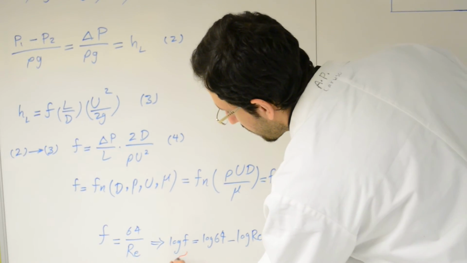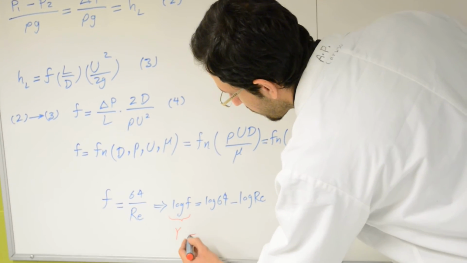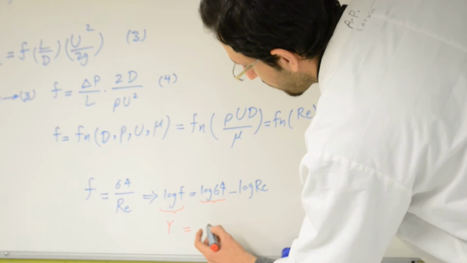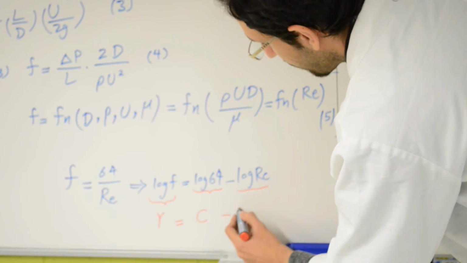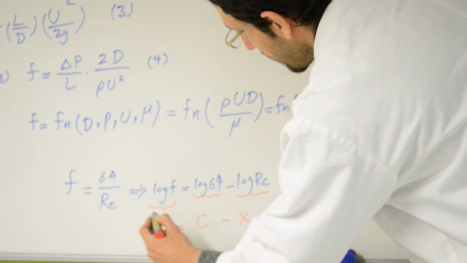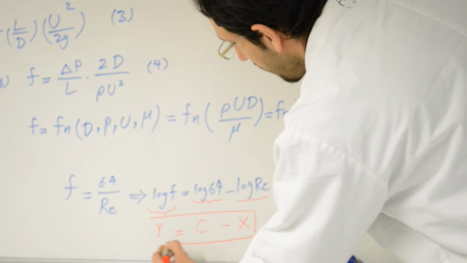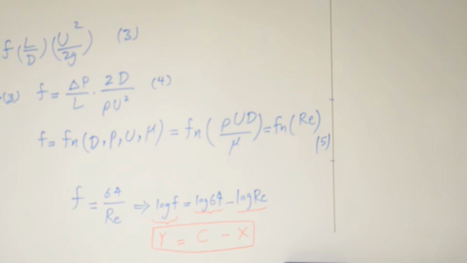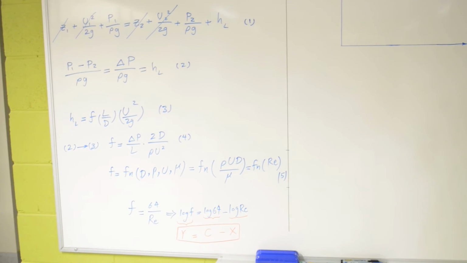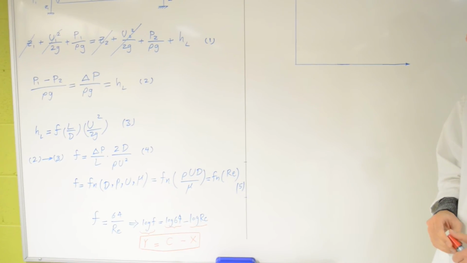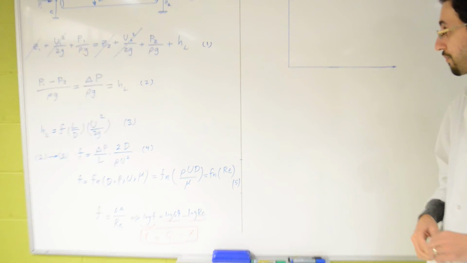And this first term, if I consider it as y, log of 64 is a constant, and log of Reynolds number as x, I can see that in a log-log scale, the relation between friction factor and Reynolds number is a linear curve with a slope of -1.